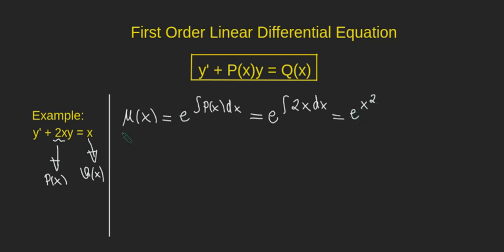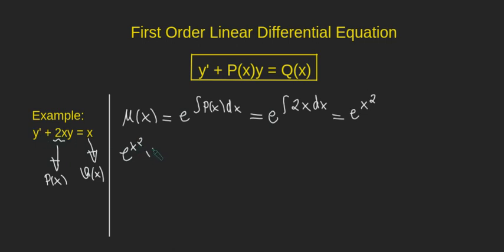Now that we found the integrating factor, the next step is to multiply both sides of this equation by it. So let's do that. Take this value and multiply it by the two sides.